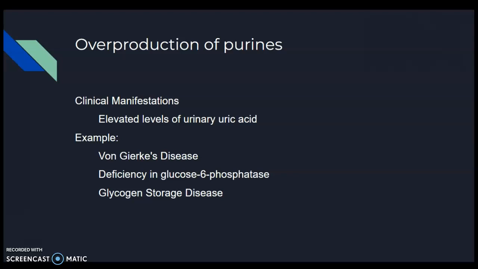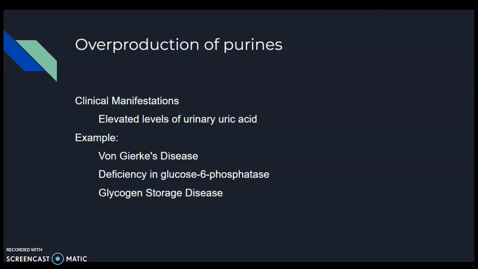And if we recall, that ribose 5-phosphate is necessary for the synthesis of nucleotides, which in turn increases our purine bases, and that's where we can kind of see where we get that overproduction of purines. I also ruled out this because if we recall from previous units that von Gierke's disease is also a glycogen storage disease, so we would expect this patient to also present with low blood sugar, and there's no notation of that.